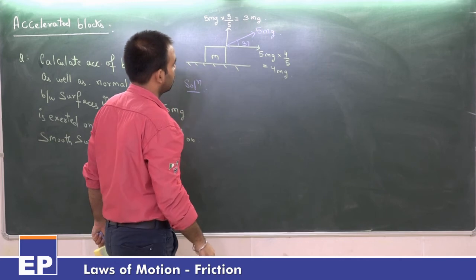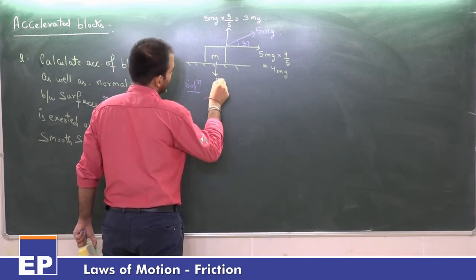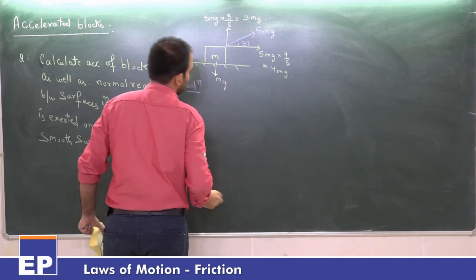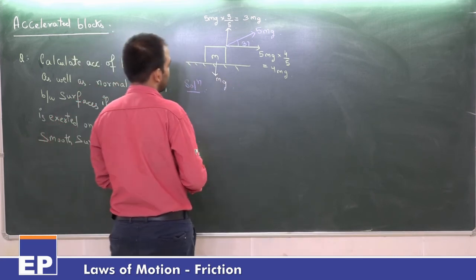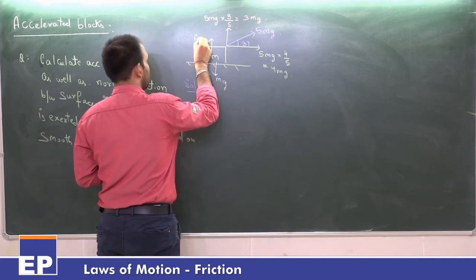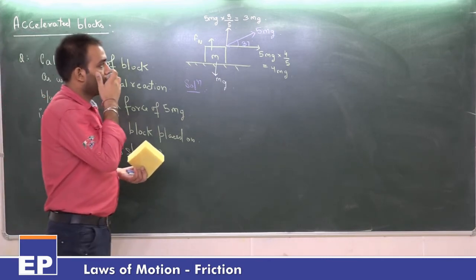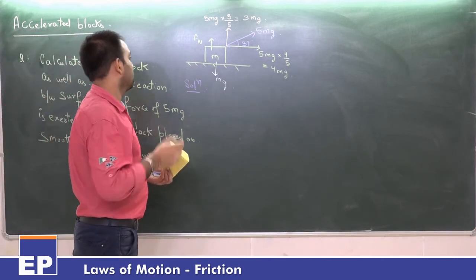And this is the smooth surface. Now, other than this, there is a force mg acting in the downward direction, and there is a normal reaction exerted on it by the surface. If we look in the vertical direction, there are three forces.